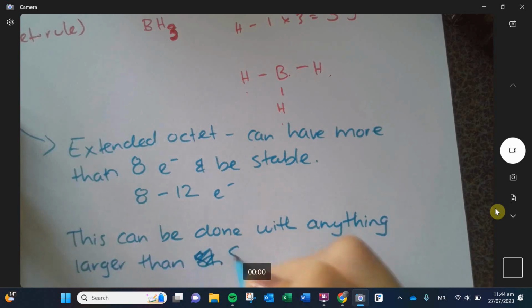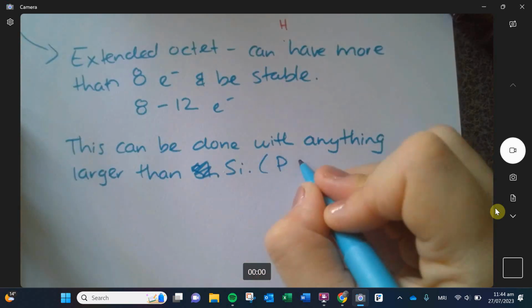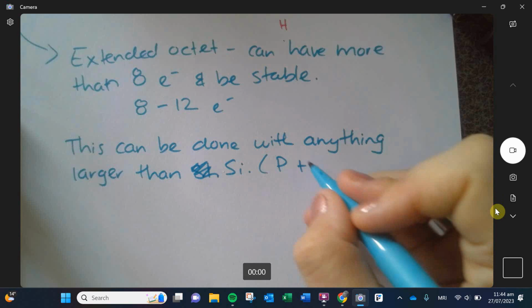Nope, silicon, Si. So that would be phosphorus and above, including phosphorus, sulfur, chlorine, all those.